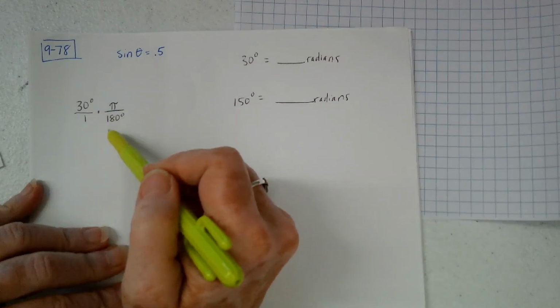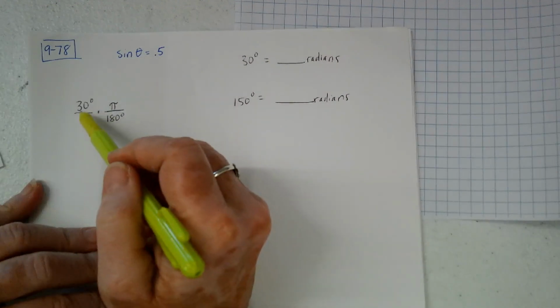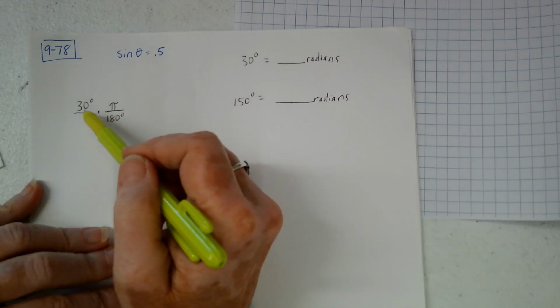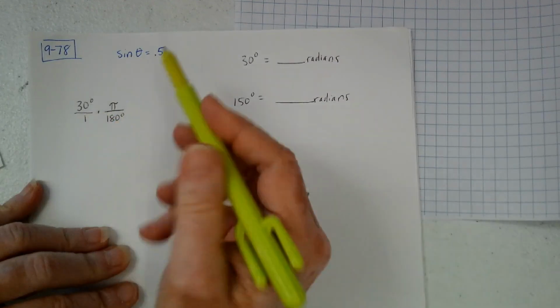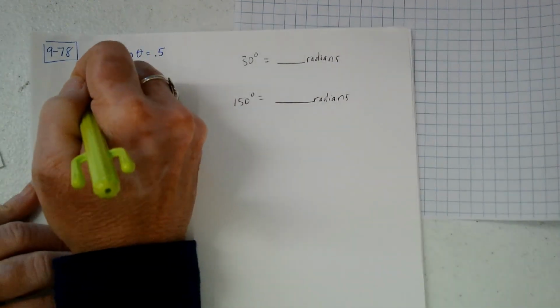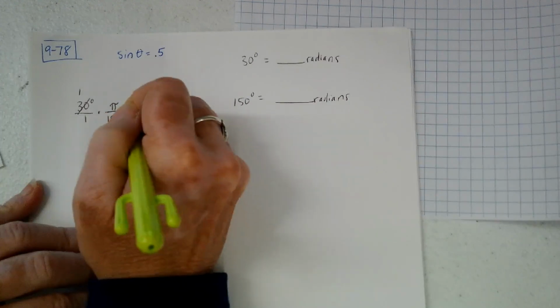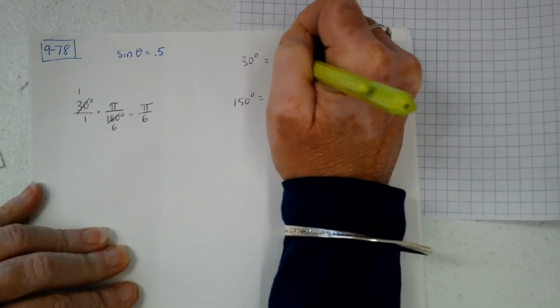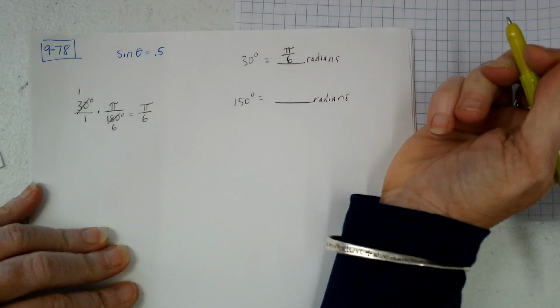And then you can cancel stuff out. Like, you know how 3 times 6 is 18? Well, 30 times 6 is 180. So I'm going to put 1, 6. That gives me pi over 6, so that's pi over 6 radians.